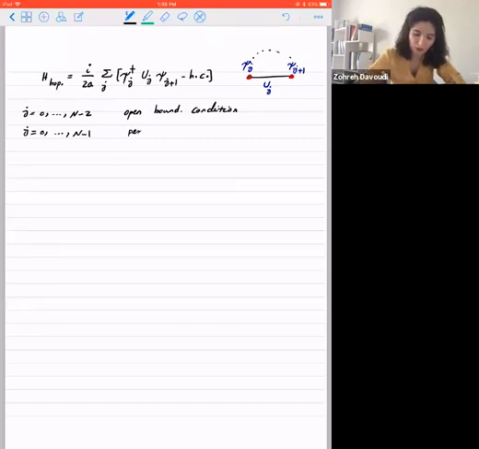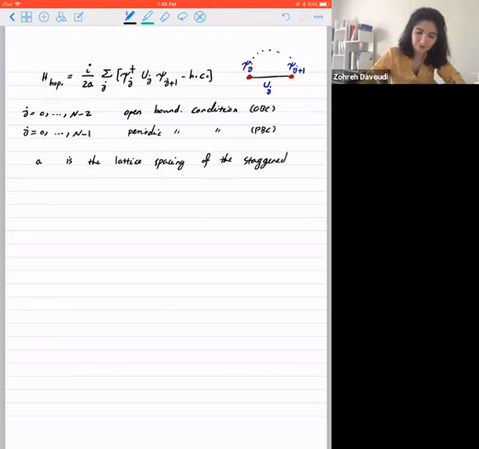So this would be the periodic boundary conditions, OBC and PBC. And you can imagine other boundary conditions as well, of course. a is the lattice spacing of the staggered lattice, so this distance between the two fermionic points.